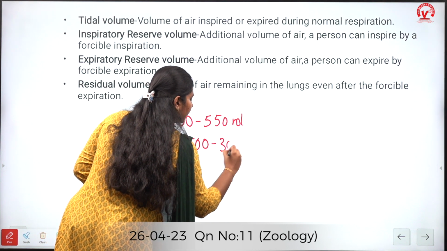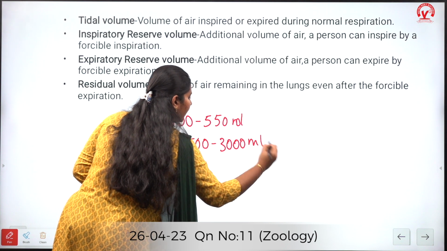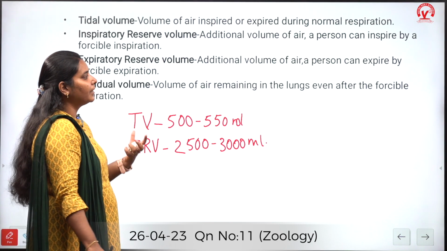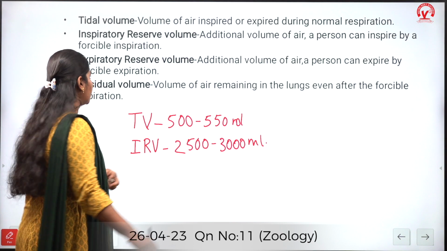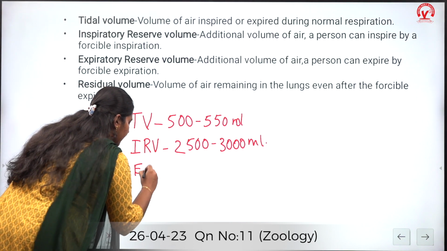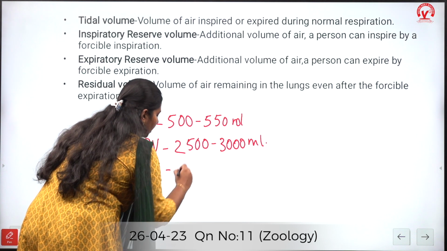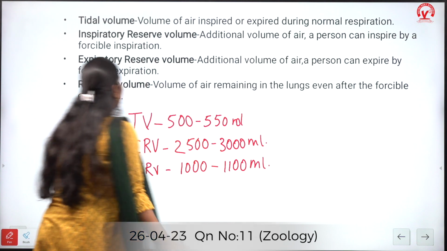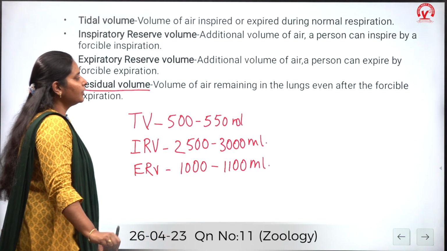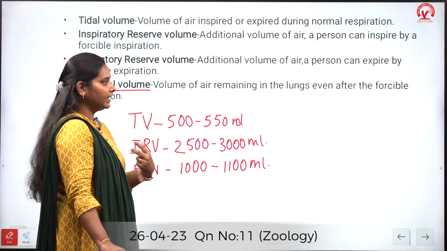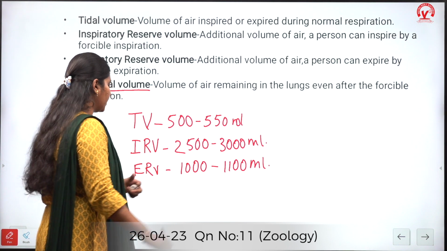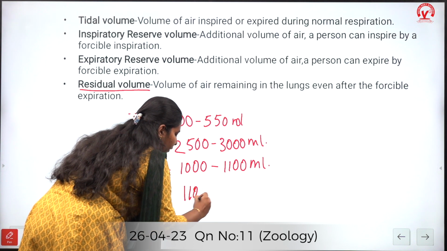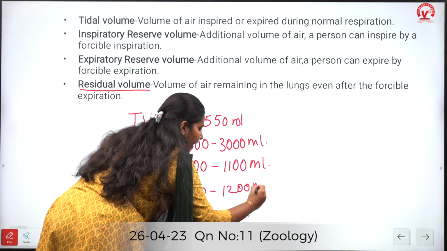So the volume of inspiratory reserve volume is 2500 to 3000 ml. Expiratory reserve volume is the additional volume of air a person can expire by forceful expiration. So expiratory reserve volume is equal to 1000 to 1100 ml. And finally the residual volume. Residual volume is the volume of air remaining in the lungs even after forceful expiration. So the value of residual volume is 1100 to 1200 ml.